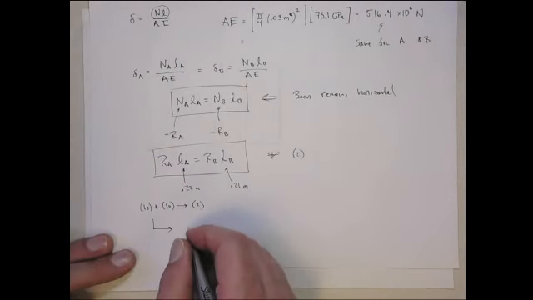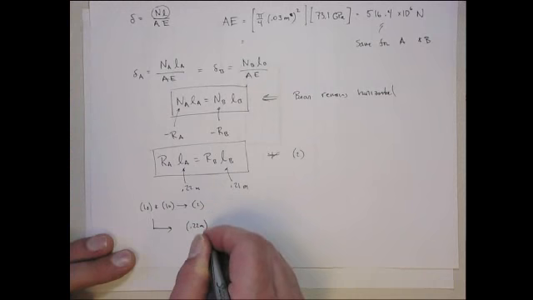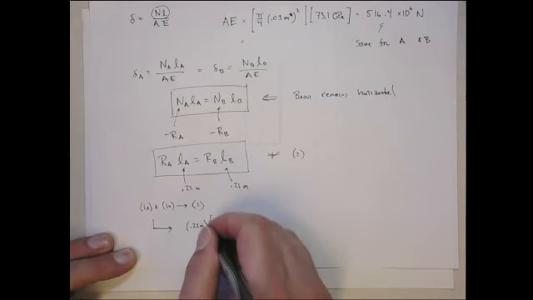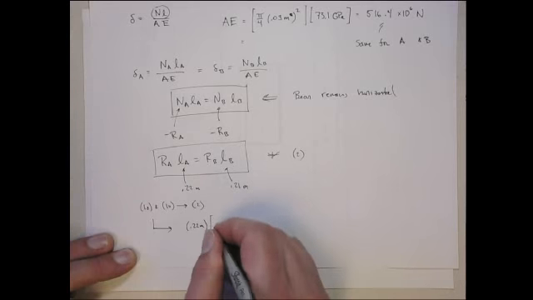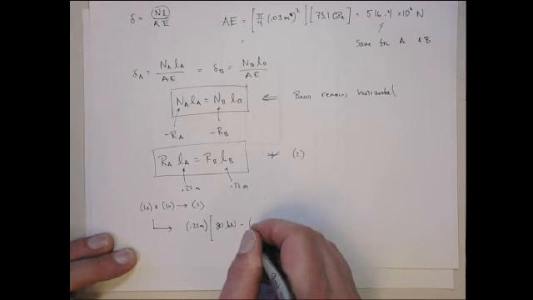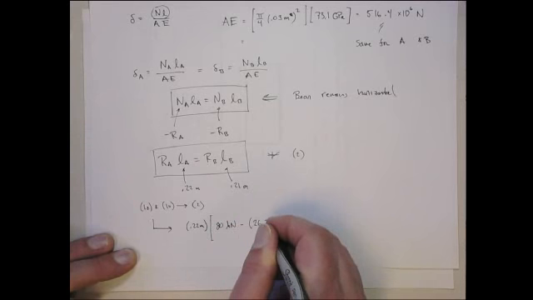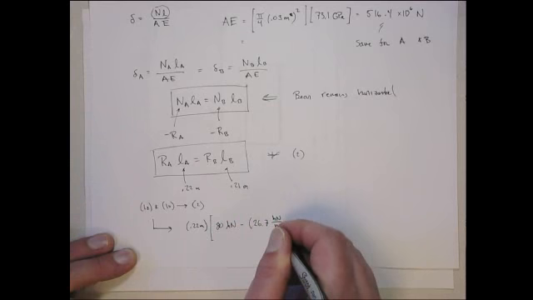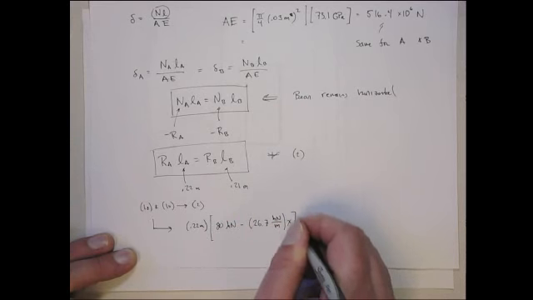We get 0.22 meters times RA, which from before is 80 kilonewtons minus 26.7 kilonewton meters times x.